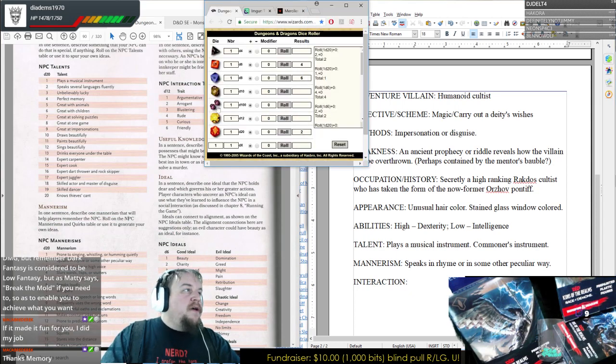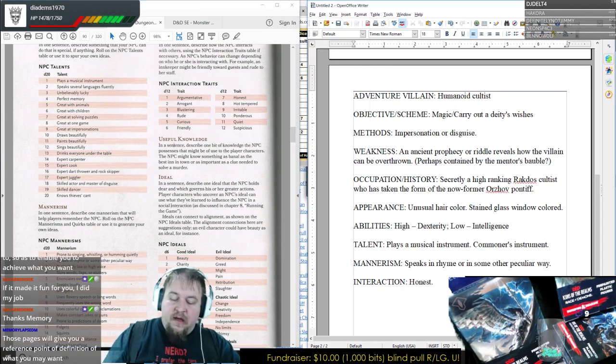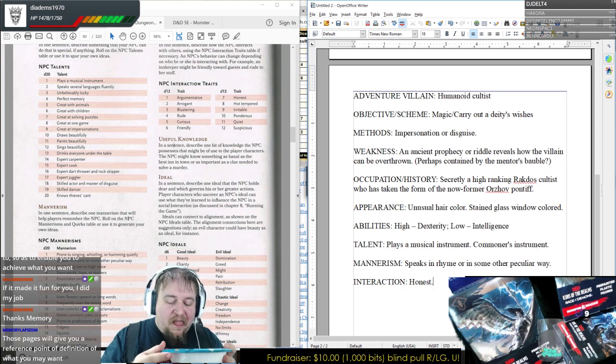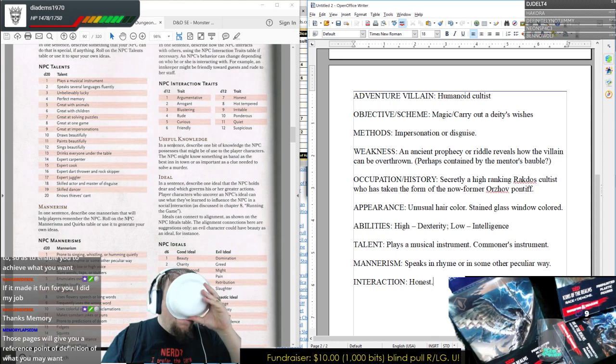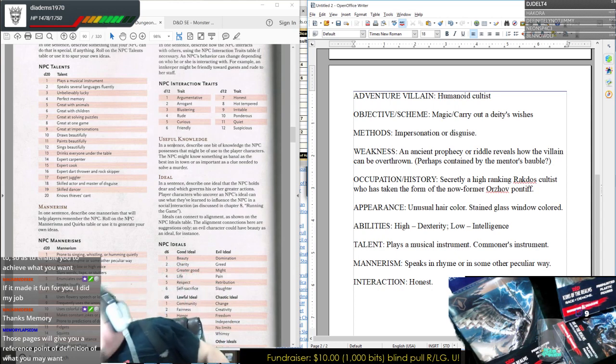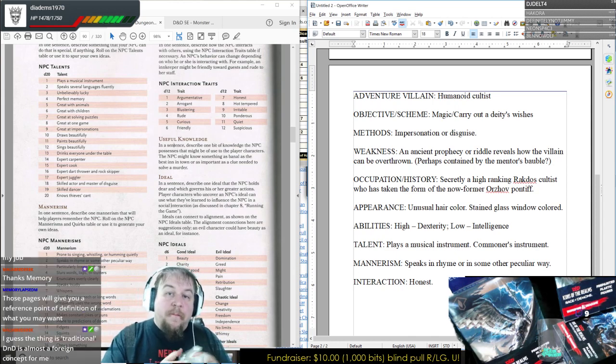Interaction with others, 12. On a D12, he's honest. It's just no one's asked him, right? Or he's honest, but maybe with half-truths. For instance, he'll tell you, I'm going to collect on an old debt that's owed. Because that's what the Orzhov Pontiff definitely is doing, right?